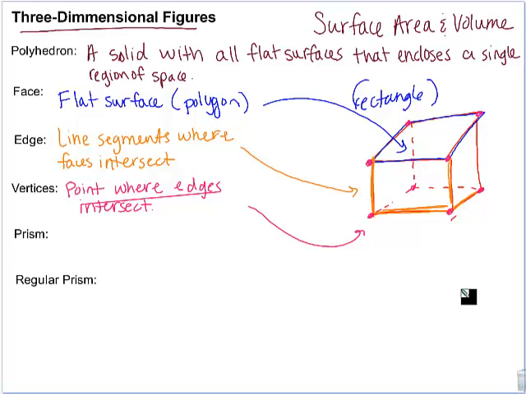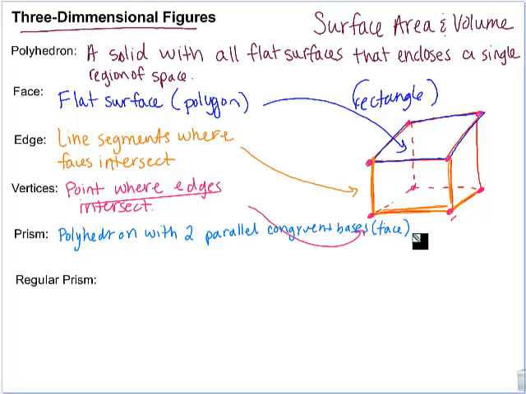A prism is a special type of polyhedron, so it's a polyhedron with two parallel, congruent bases, which are each a face, and then all other faces are parallelograms.